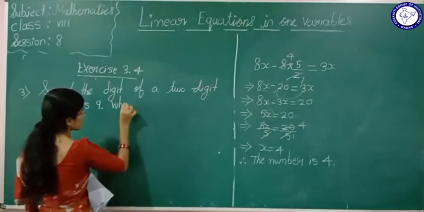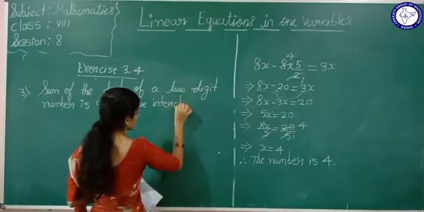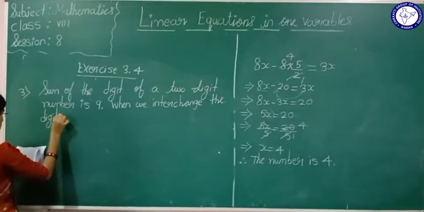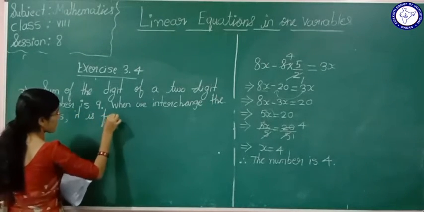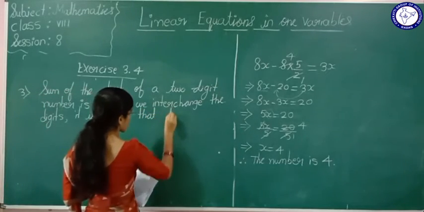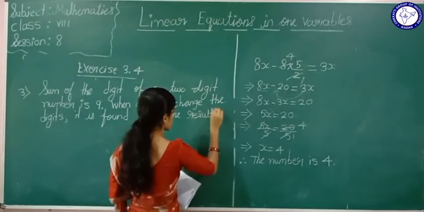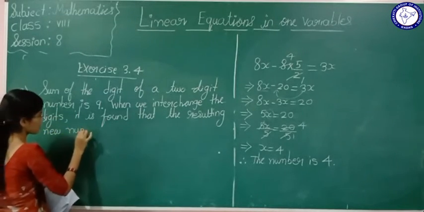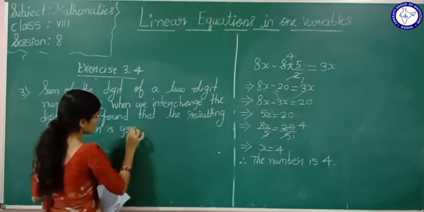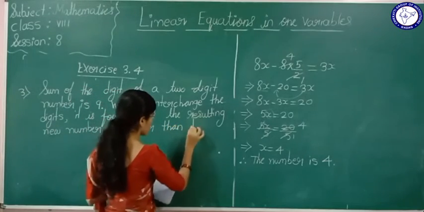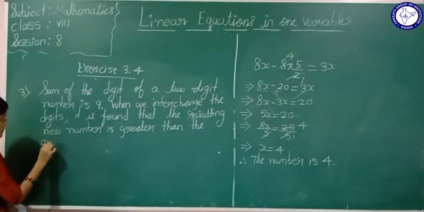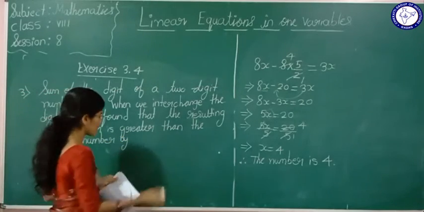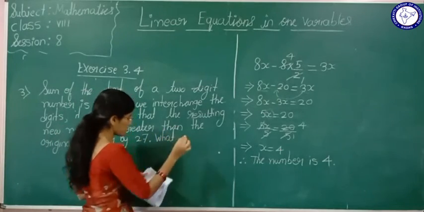When we interchange the digits, it is found that the resulting new number is greater than the original number by 27. What is the two-digit number?